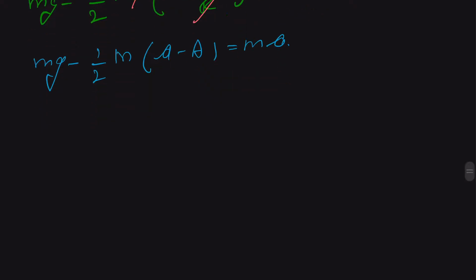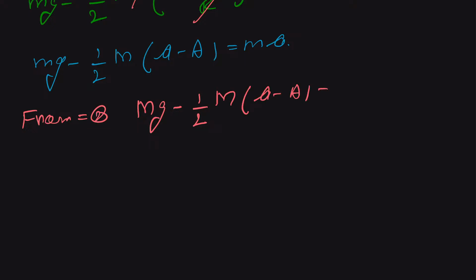And similarly we can use equation number 2. So we can say from equation 2 we are going to get Mg plus 1 by 2 M times a minus A is equal to M times capital A. And we can simply simplify it, and let us call this equation number 3 and equation number 4.